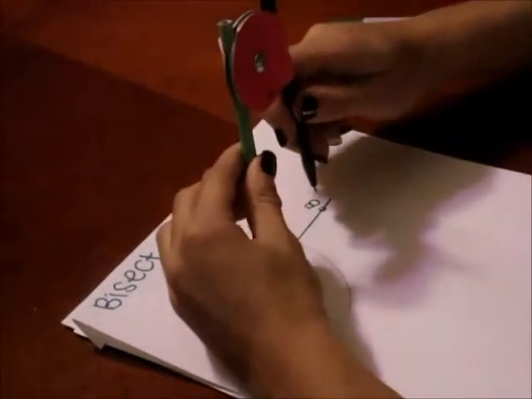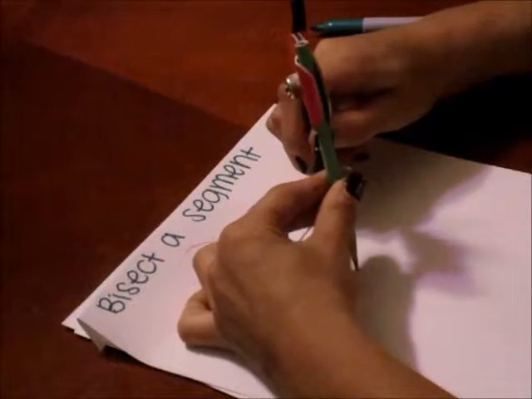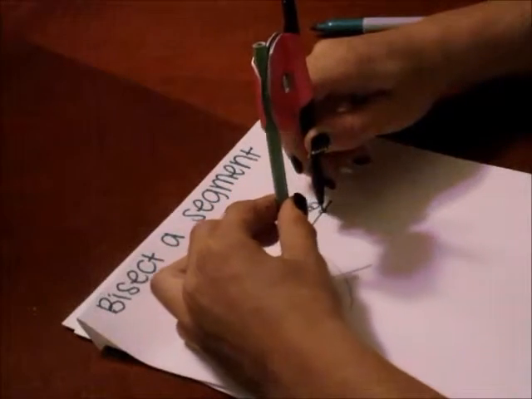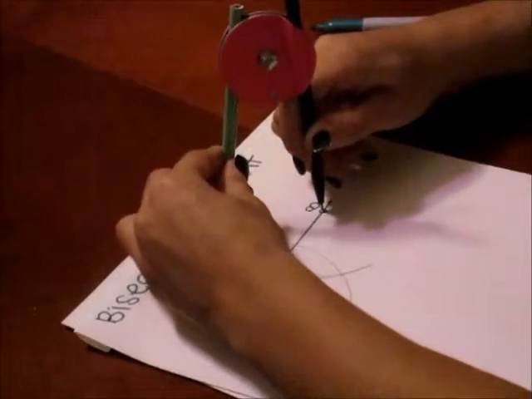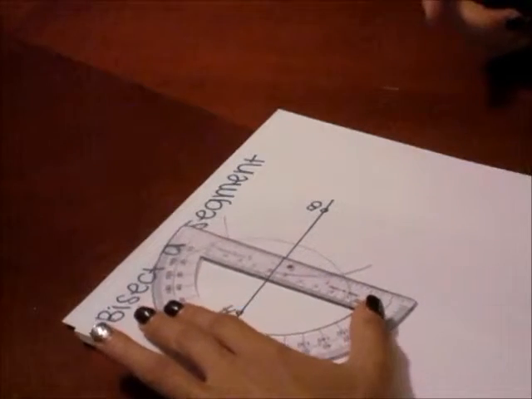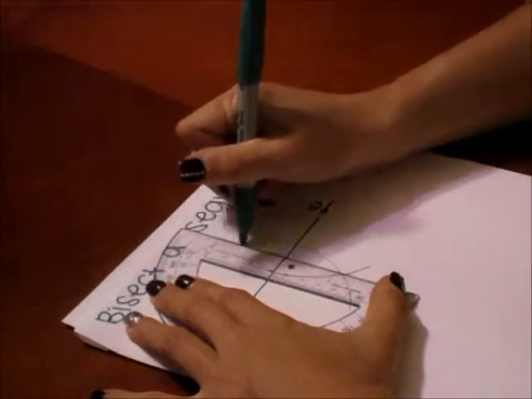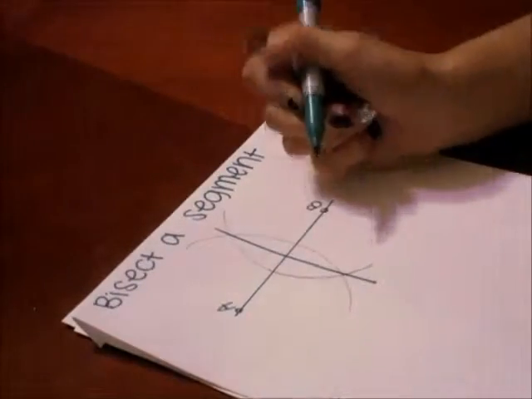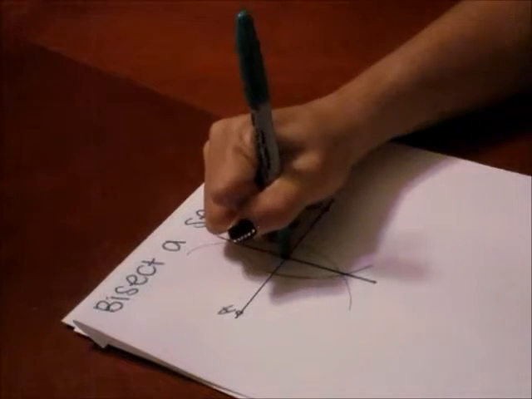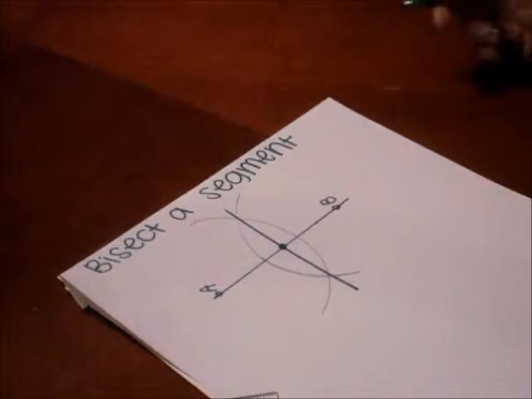Then, do the same thing, putting your compass on point B. Then, take your ruler and draw a line through the intersections of the arcs. Now, put your point in the middle of this. And that's how you bisect a segment.